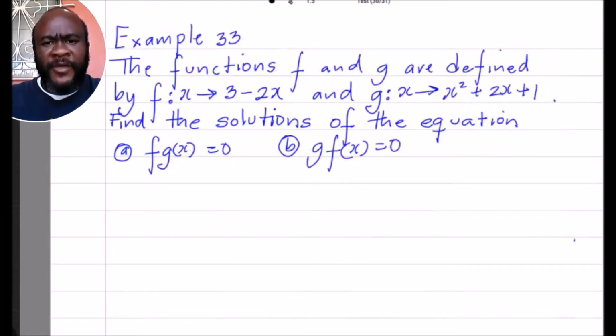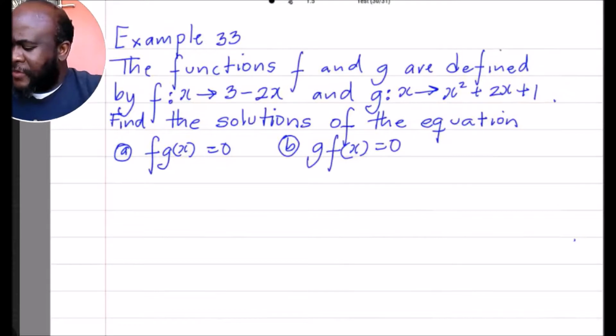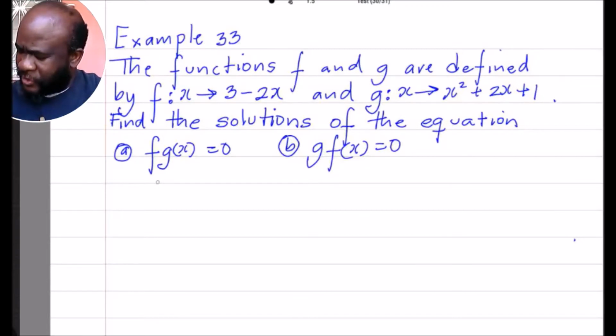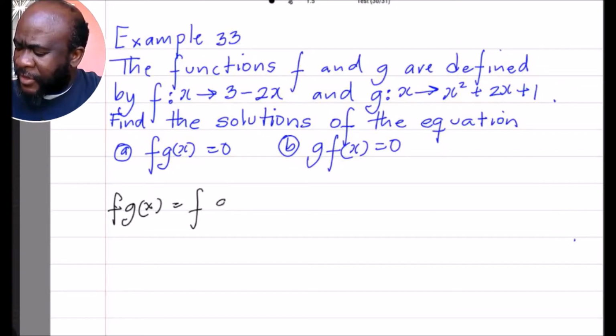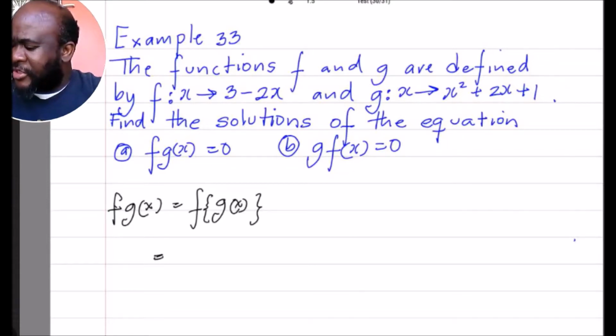It says functions f and g are defined. We need to find f of g of x and equate that to 0, then solve the equation. Now, f of g of x is f, and in brackets, g of x. So in f, wherever I see x, I'm going to take out x and put g.